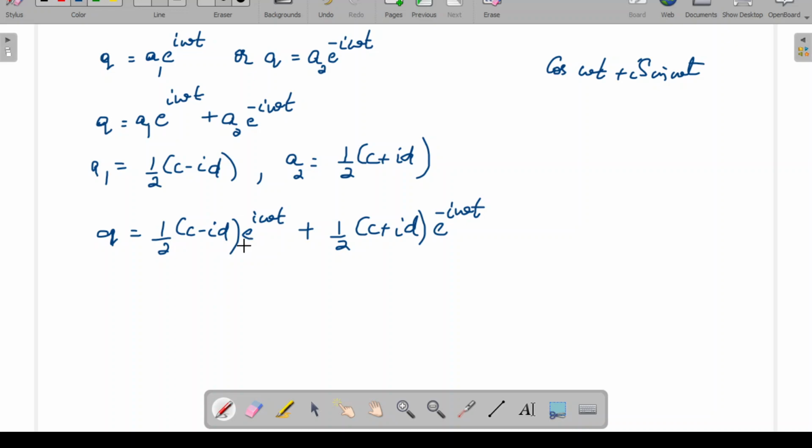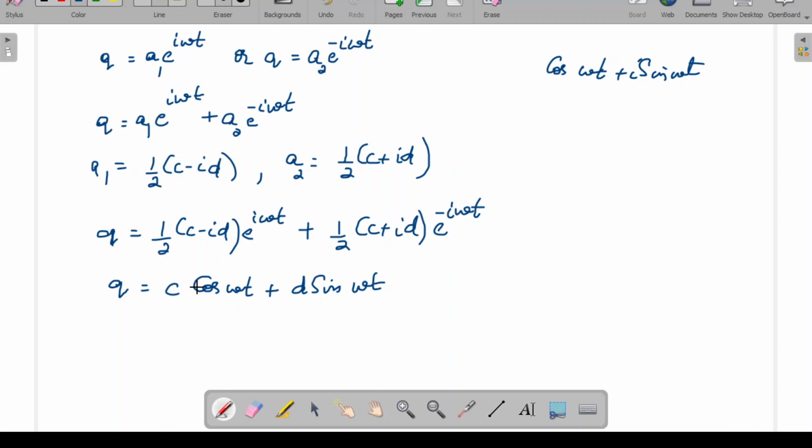It can be easily done. You open the brackets and simplify this expression, and that is your assignment. Finally you will get q as equal to c cos omega t plus d sin omega t. So this has to be done by you, and then finally we get q as this much.